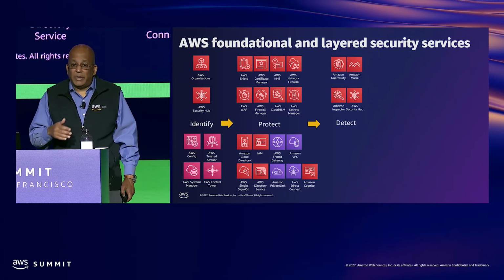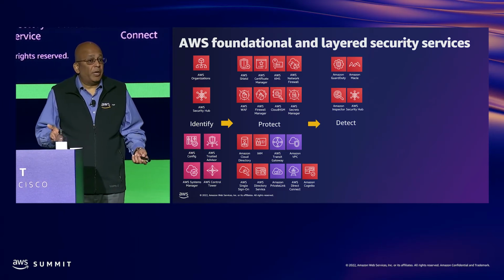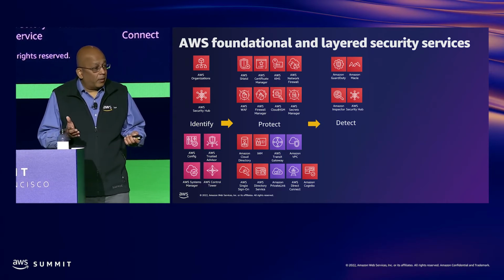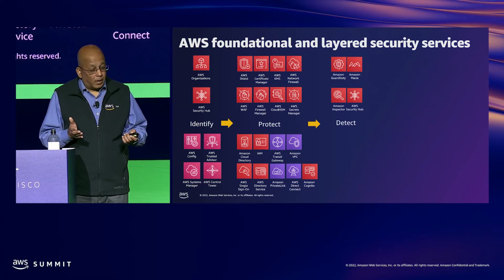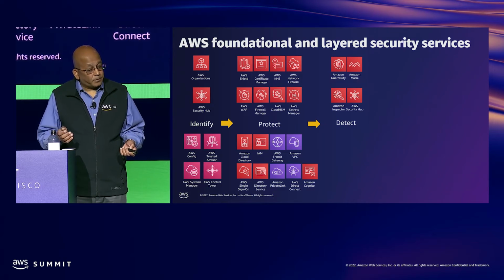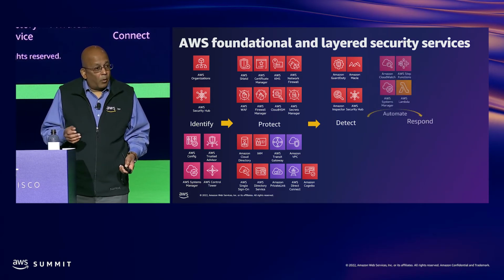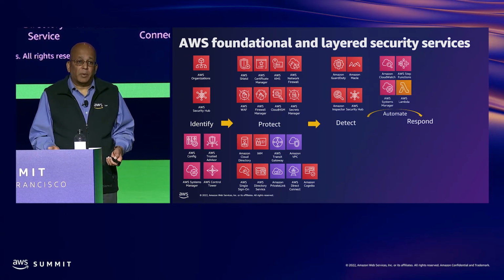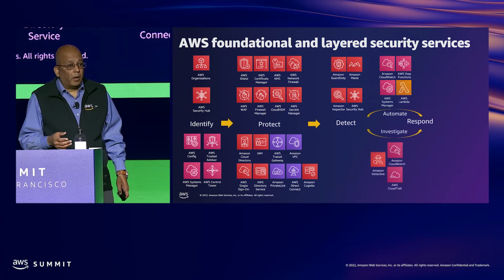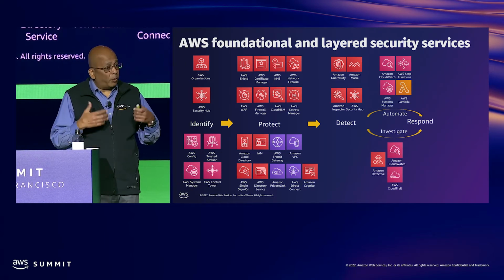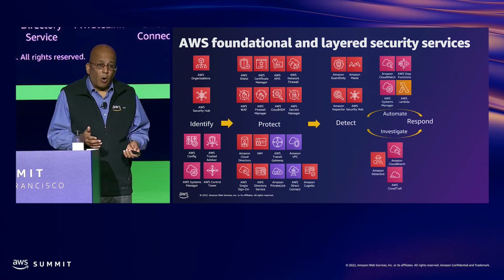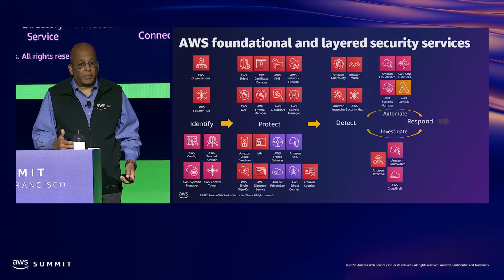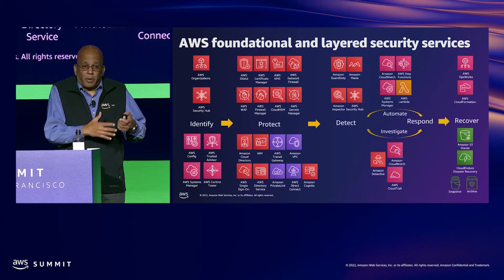There are services to help you detect any types of security issues that you may be having in your environment. Some of them are Amazon GuardDuty, as well as Amazon Inspector, for example. And when you detect these issues, the key is that you want to be able to respond to them. This could be where you want to have an automated way of remediation, or you may also want to have a manual intervention and say, I want to investigate this. And not just be able to respond.